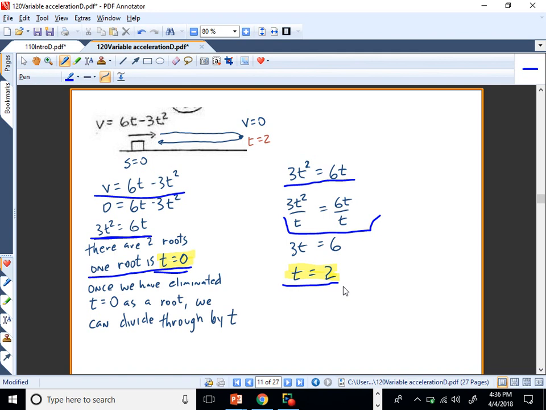So what I can do now is plug t equals 2 into the displacement relationship and get the displacement, then double it, and that'll be the distance. Okay. You all okay with that?